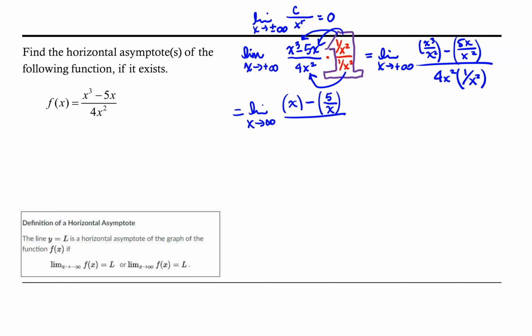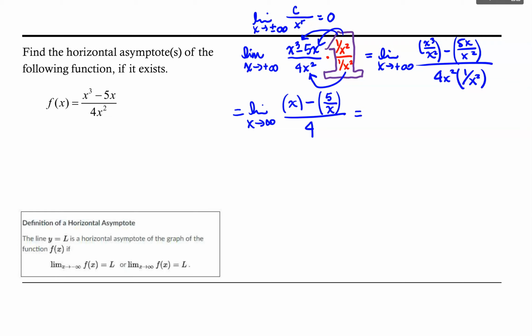The x squareds will divide out. We get a 1, so this is 4 times 1, or just 4. Okay, and notice how nicely that multiplying by 1 over x squared gives us a nice constant in our denominator. It's very helpful.